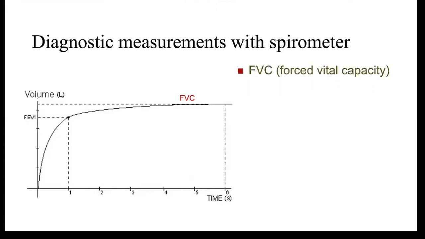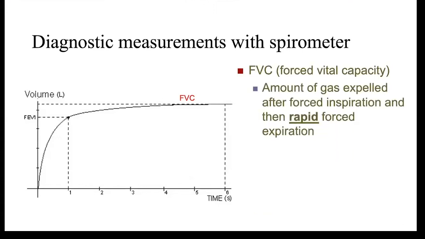In forced vital capacity, you are taking in a deep breath and then blowing out the air into the spirometer as hard and as rapid as possible until you can no longer blow out. The definition for FVC is the amount of gas expelled after forced inspiration and then rapid forced expiration.